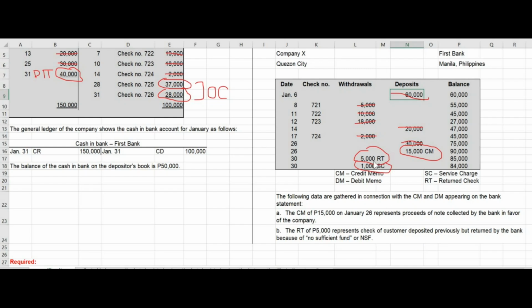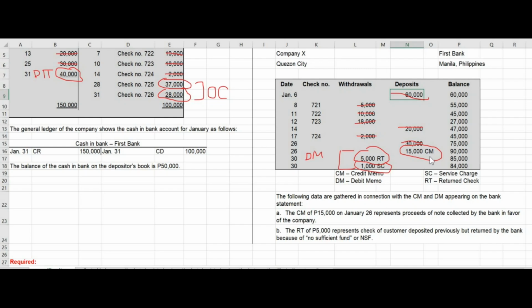So, you have 5,000 and we are also debited. No? Meron pang isang debit memo. Itong SC. That's service charge of 1,000. So, itong dalawang to, no, they are mga reconciling items, mga debit memos, no, or specifically a book reconciling items. Ito dito sa kabila, this is a credit memo. Still a book reconciling items.